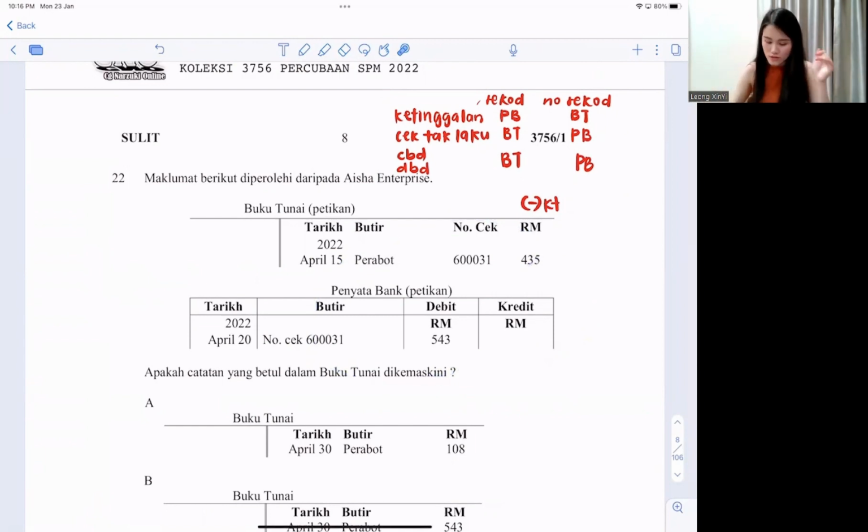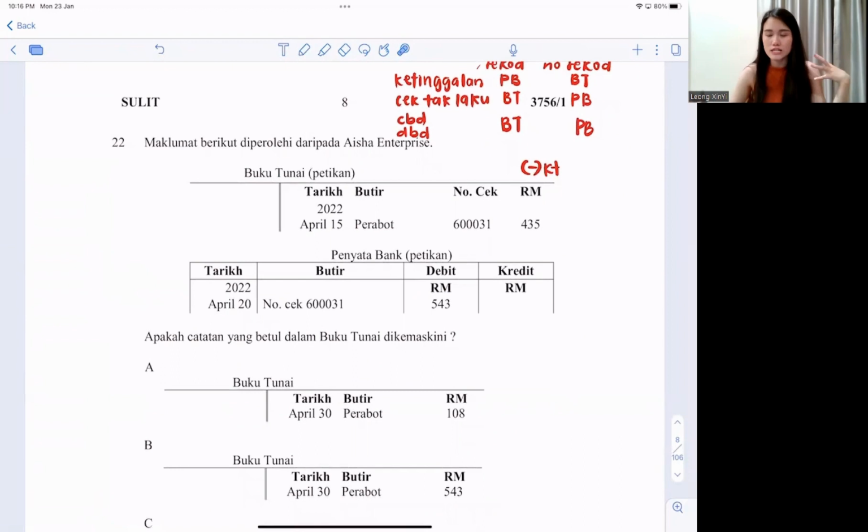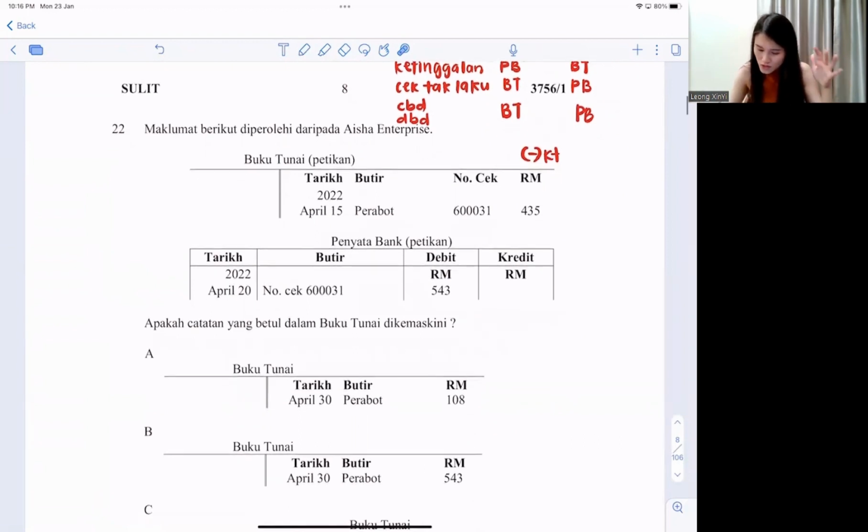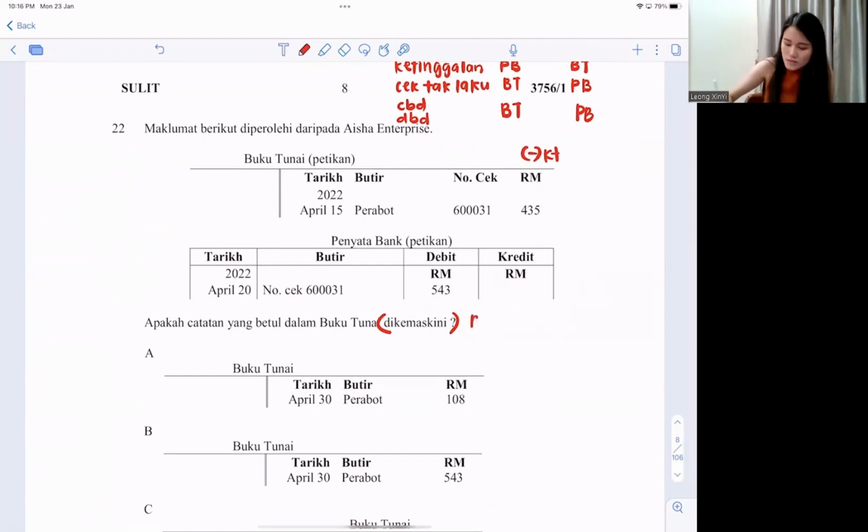So here you can know that we are supposed to do a correction. Okay. Now the correction should follow according to penyata bank because it's a buku tunai dikemas kini. Just for your information, we have three methods of preparing penyata penyesuaian bank. The first one is buku tunai dikemas kini version. If you need to kemas kini, then it's always buku tunai that's wrong. Penyata bank is correct.